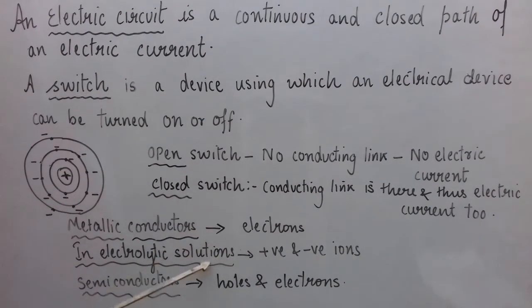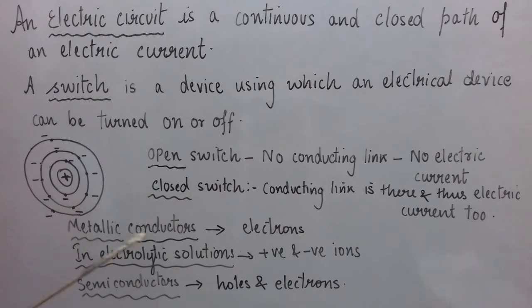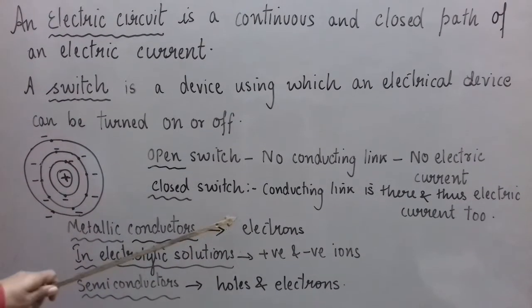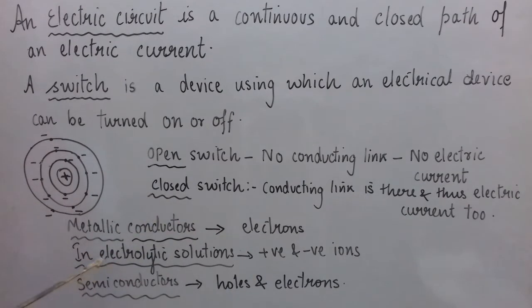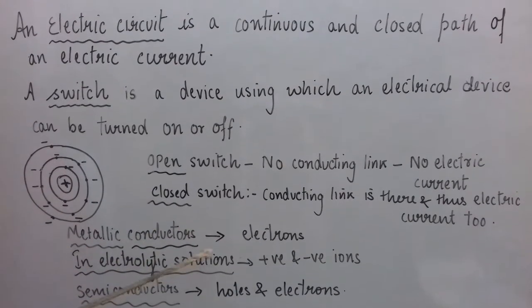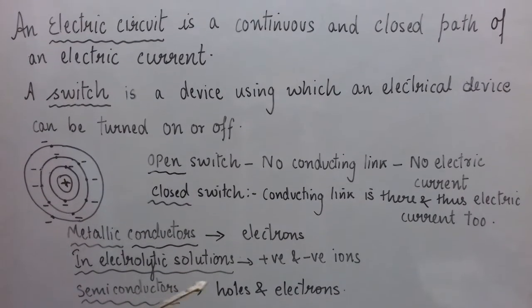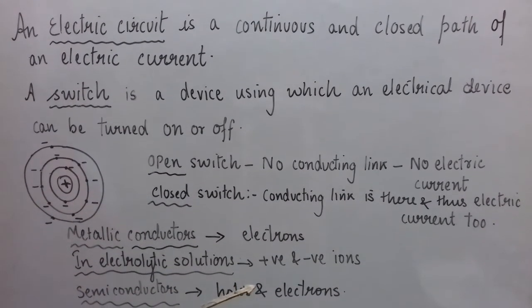So just remember the names here. For a metallic conductor, electrons are the charge carriers, their flow is responsible for the current. In electrolytic solutions, positive and negative ions, and in semiconductors, the movement or flow of holes and electrons is responsible.